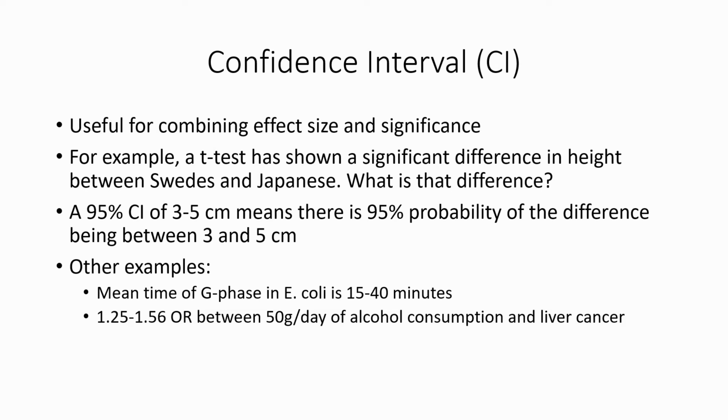For example, we could say that consumption of 50 grams per day of alcohol has an association with liver cancer with an odds ratio between 1.25 and 1.56. And again, that means given the evidence that we have, we see some association between those two variables, with an effect size measured by odds ratio that we are 95% sure is between those values.